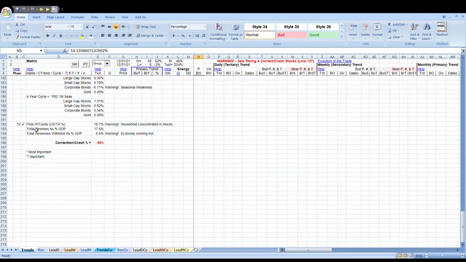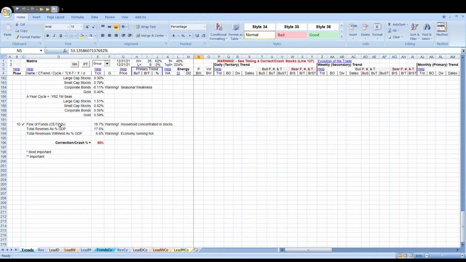It kind of shows an upside limit of not the stock market, but of the overall economy in terms of taxation, how much it can actually collect. And what the computer will do is it'll warn when the economy is running hot here or here. Right now, it's not there. It's already generated a warning because this is a warning and this is a warning. But as this moves up, this will become even more of a warning, and you can get a clean sweep across the board.